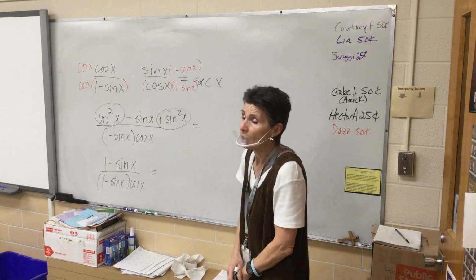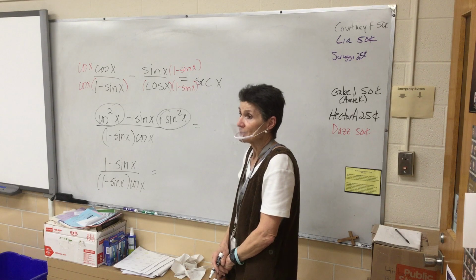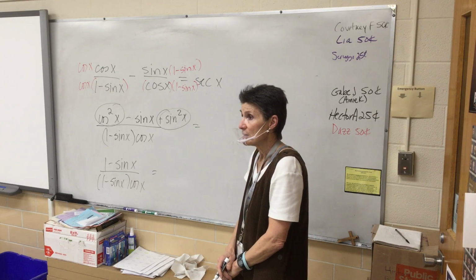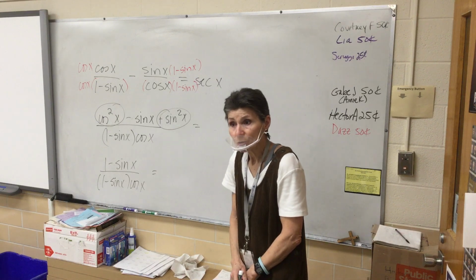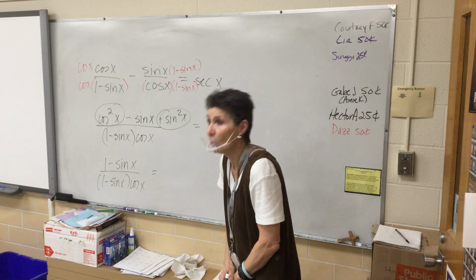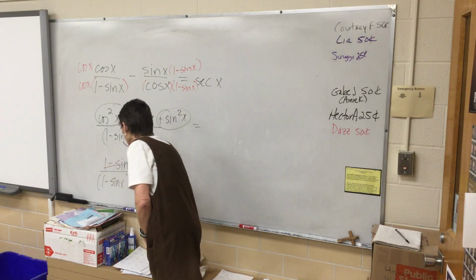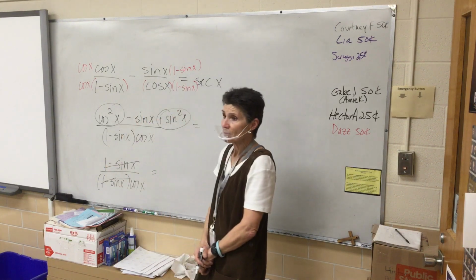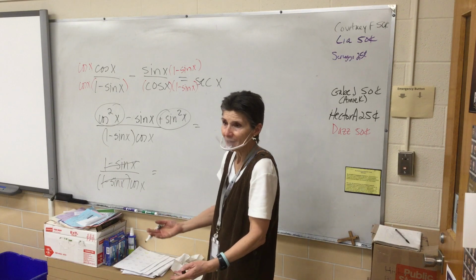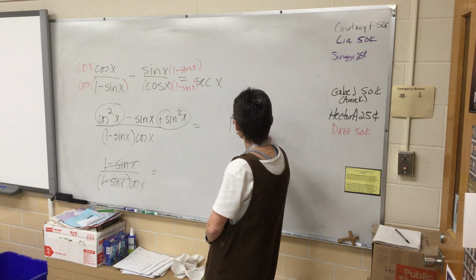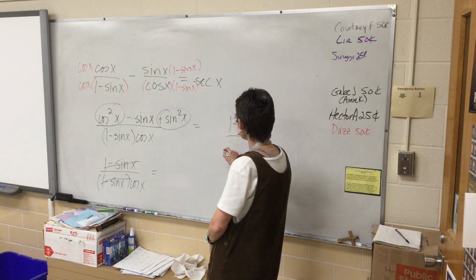Well, I'm screaming at you all the time about not getting carried away with your canceling. But when you can cancel the whole shebang, the whole quantity, you're allowed. Even when there's minuses or pluses in it, you're allowed. When you can't cancel is when you have something like this.